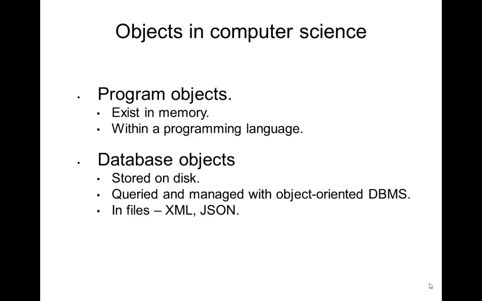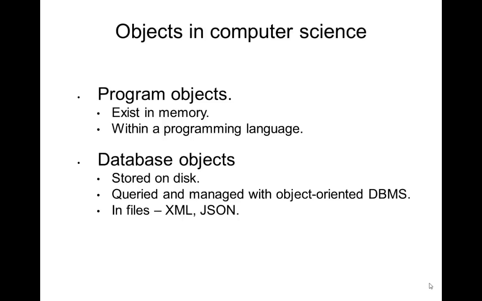Objects exist in two places. This is not exactly surprising. We can have what I've called program objects, objects that exist in memory in the computer. This is a crude dichotomy. Sometimes when you're dealing with database objects, of course, they're existing in memory too. But in general principle, objects in a programming language exist in RAM memory.